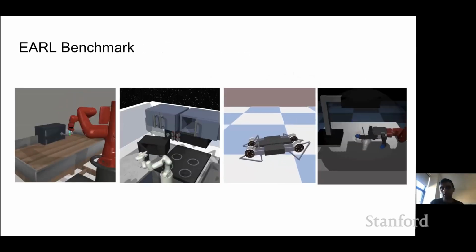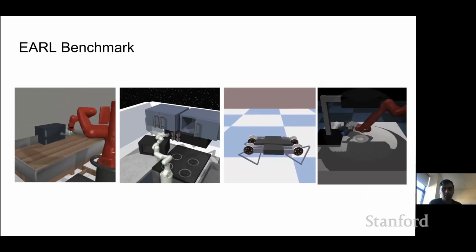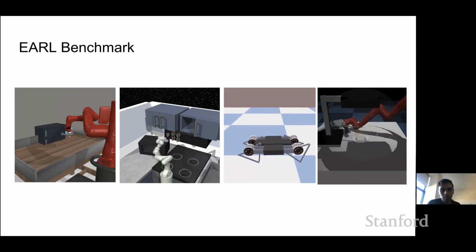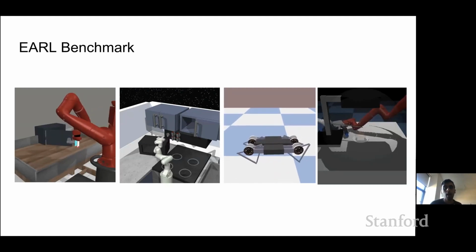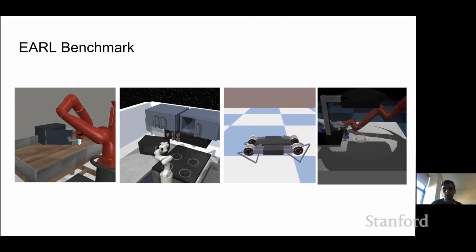Now, this is a really hard problem, and the way we do reinforcement learning clearly is not sufficient for it. This motivated us to create a nice benchmark where we have a diverse collection of tasks, which are representative of realistic scenarios. We wanted to encourage the community to come up with algorithms that can actually learn without humans, because that would enable us to run robots for longer and collect a lot more data.